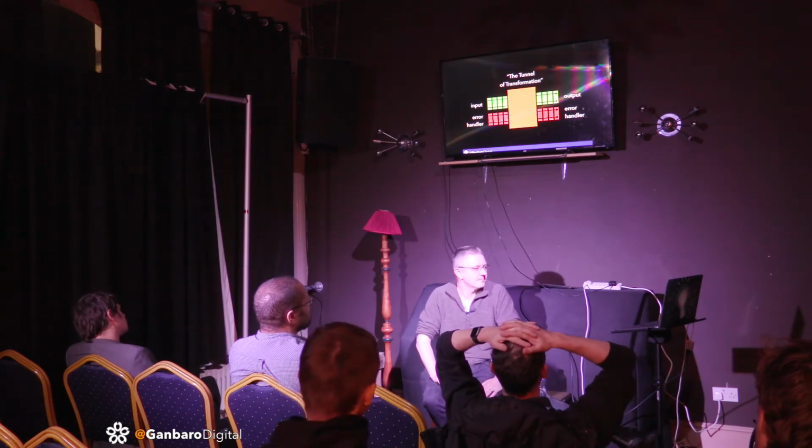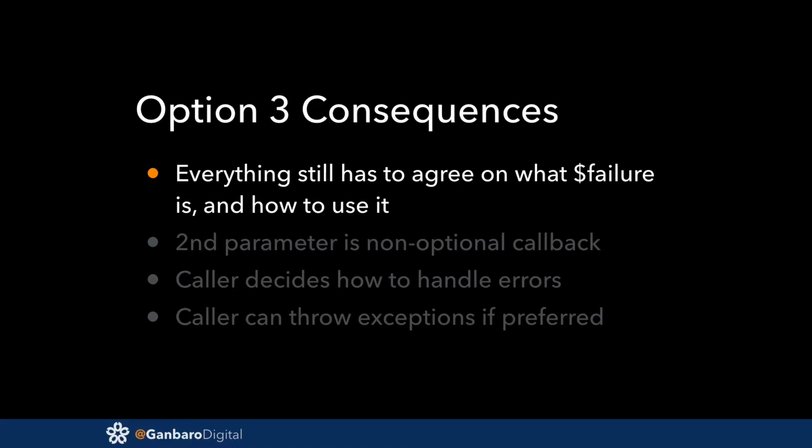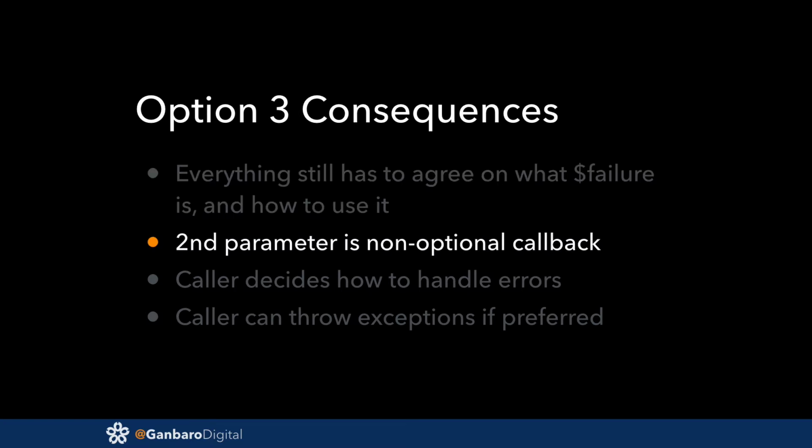That's how we're doing it. Now this still has consequences. You've still got to agree what $failure is, and as Rob's rightly saying, there's a lot to agree about it. I said for ages it was optional. It's no longer optional. You always have to provide a failure handler, which means you've got to know what it's got to do. And that can be problematic when used in anger.